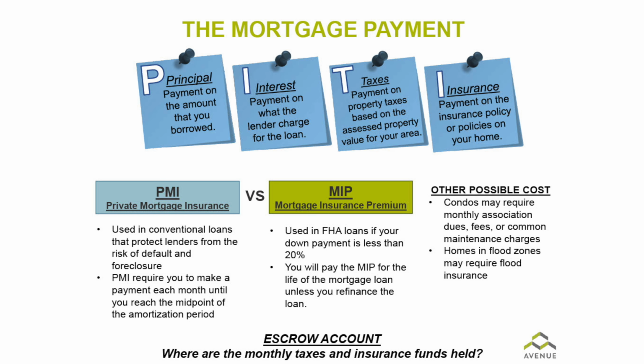The interest is the payment on what the lender charges for the loan. So if you borrow $100 and the interest rate is 10%, then it's $110, and the interest is that $10. The taxes are the payment on the property based upon the assessed value of the property for your area.